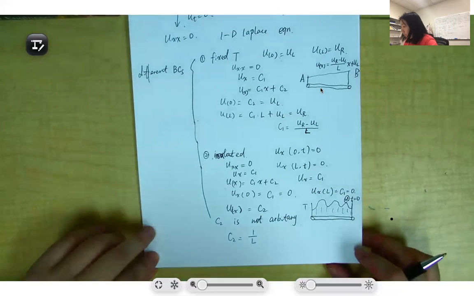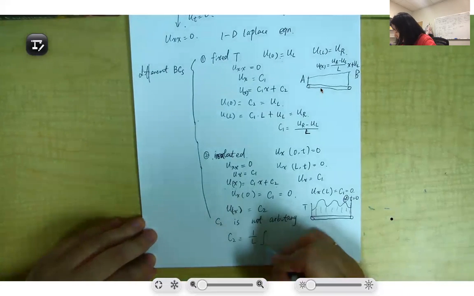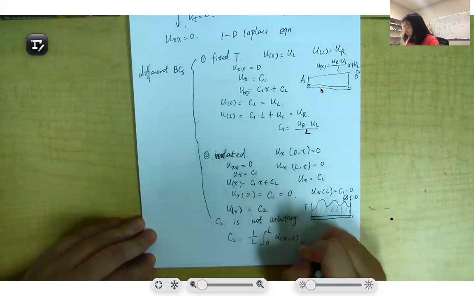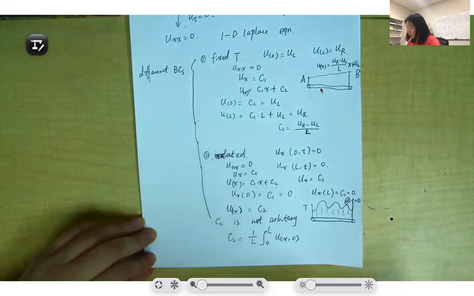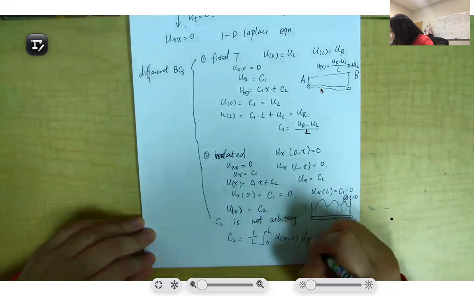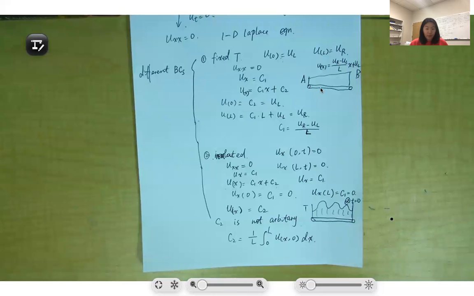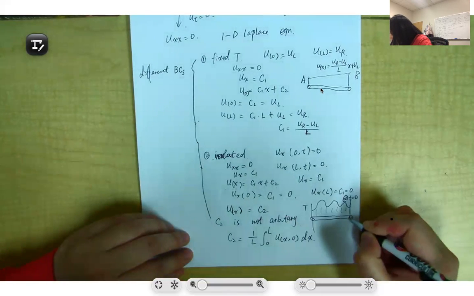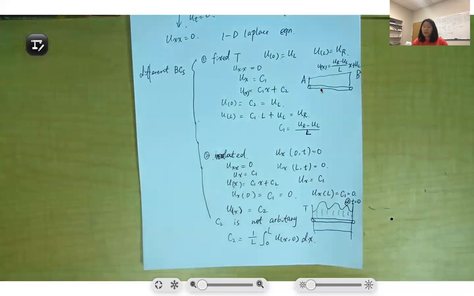So C2 should be equal to the average from 0 to L of U(x,0), the temperature distribution at time 0. The integral divided by L should be C2, which is the final temperature. In the end, it should be constant.